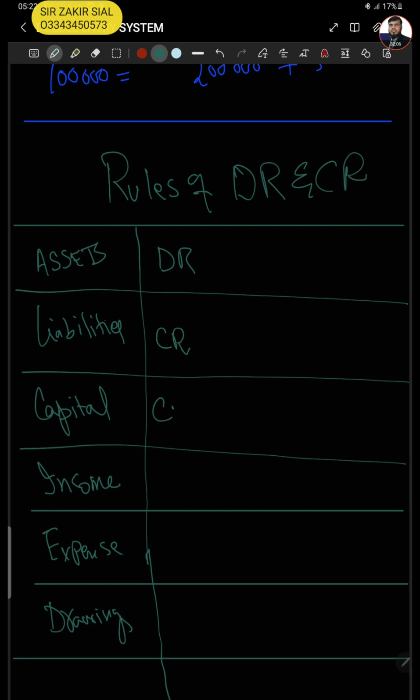Capital is written on the credit side. Income, because it is added into the capital, will be written on the credit side. Expenses decrease the capital, that's why we write on the debit side. Drawings also decrease the capital, that's why we write on the debit side.